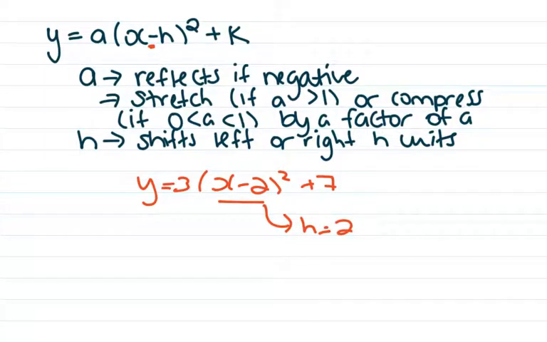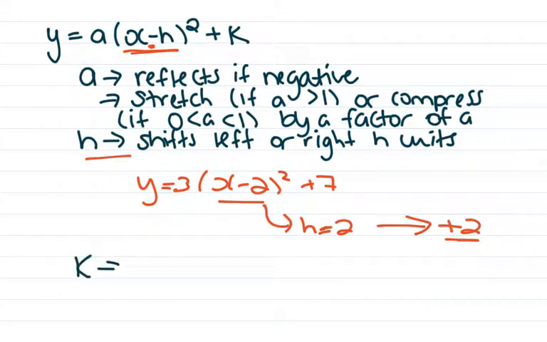So this would shift the graph right 2 units. Okay, so you need to remember for h inside the bracket, it's the opposite sign of what it appears. And then k shifts the graph up or down k units.